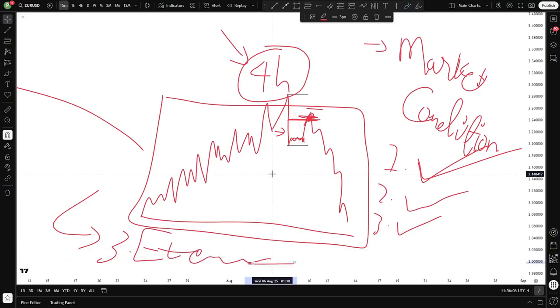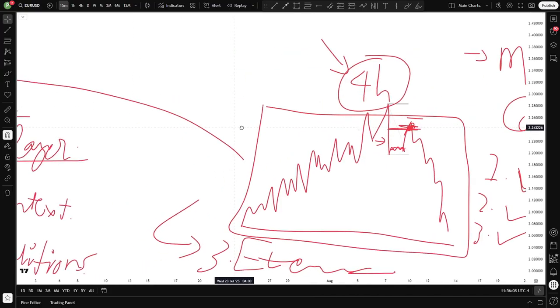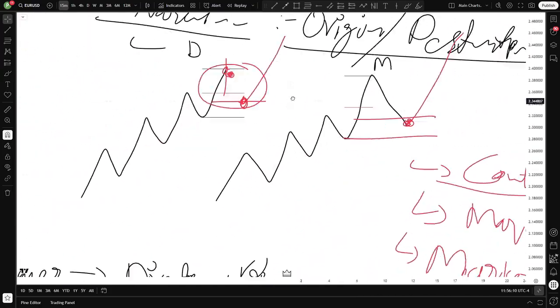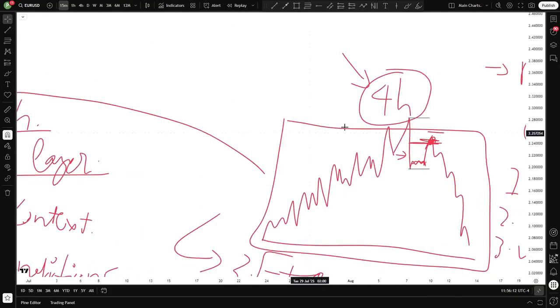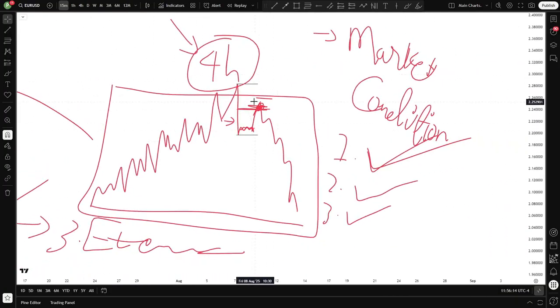Okay, so this is what the first two layers were about: figuring out the directional bias, and then identifying a proper market context on the 4-hour, and then checking the market conditions. Okay, I've just given you a simple graphical overview of what I wanted to explain to you.